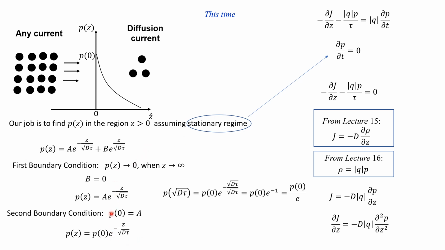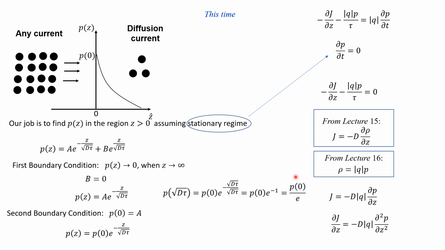Now it's useful to define a criterion for a typical distance that the particles travel before they suffer recombination. And to do that, we can notice that when we evaluate the concentration of particles at the distance given by the square root of the diffusion coefficient times the lifetime, then we replace z with this term, and we get p naught times the exponential to the power of -1, which means that the concentration evaluated at this point is the original concentration divided by Euler's number.